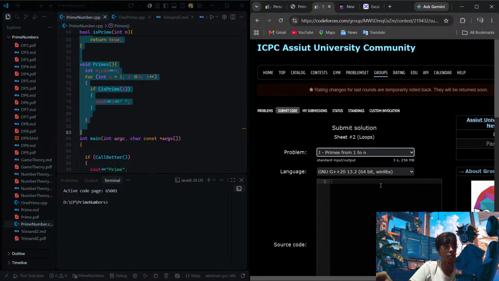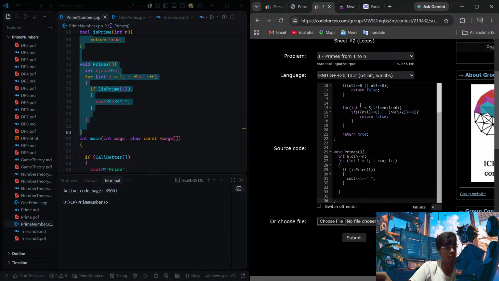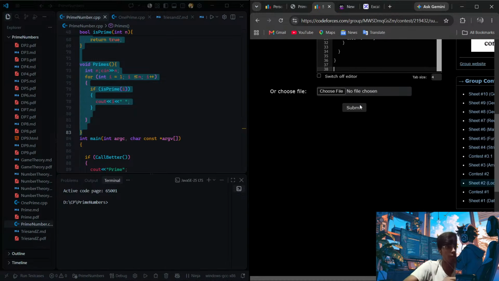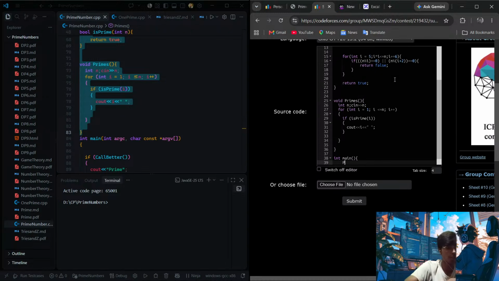I will paste it, and now I have to create a main function. Inside that I will return 0, and also call primes.